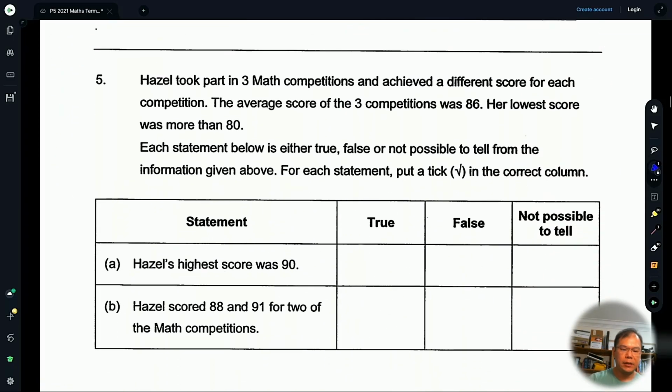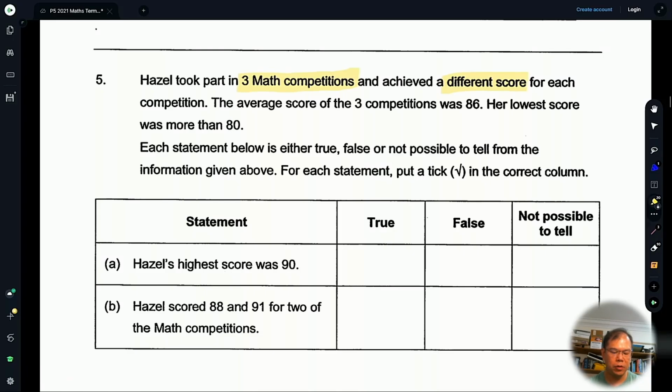Right, now question 5. This is a true, false, not possible to tell question. Evaluate each statement. Okay, so let's look at the story here. Now I have Hazel, who took part in 3 maths competitions and achieved different scores for each competition.